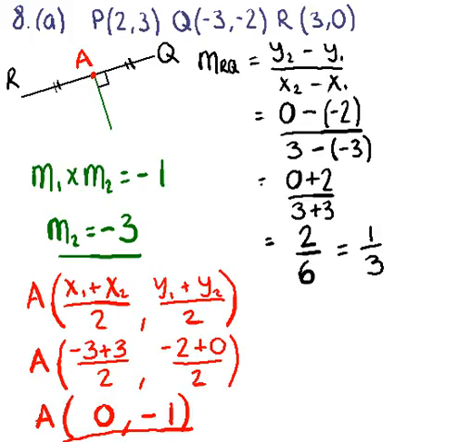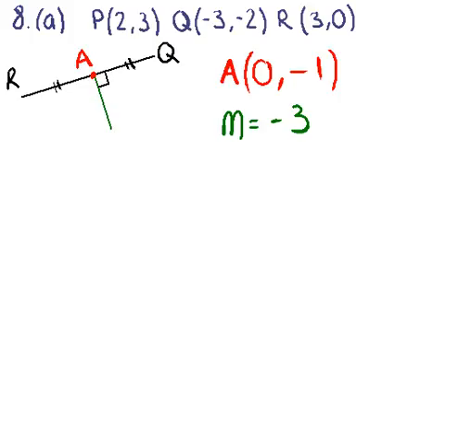So clear some space on this page, and keeping important information, the point and the gradient, we can write down the equation of a straight line formula, which is y minus b equals m bracket x minus a.